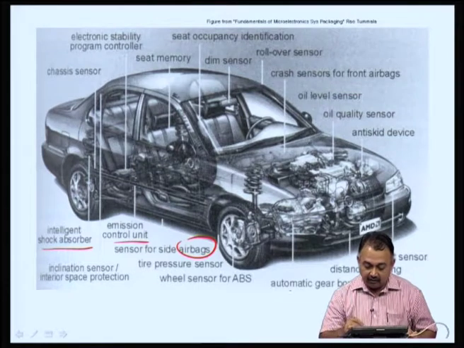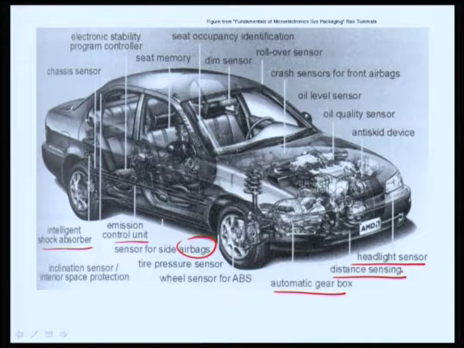For example, automatic gearbox information, headlight sensor, distance sensing, and electronic information like GPRS, for example, when you are traveling long distance, you need to connect to wireless, connect to various service providers, and that information needs to be displayed on the dashboard. So, these are some of the very important electronic subsystems built for automobiles today.